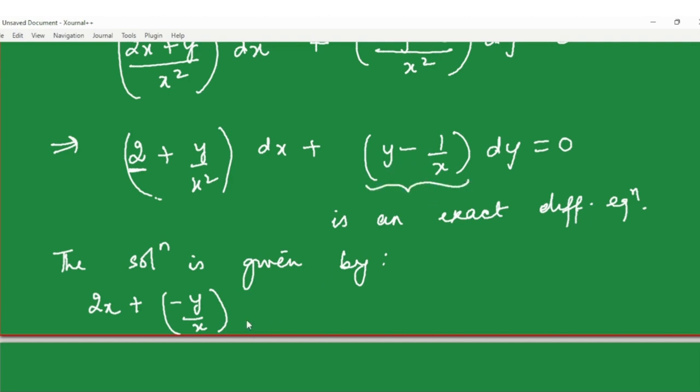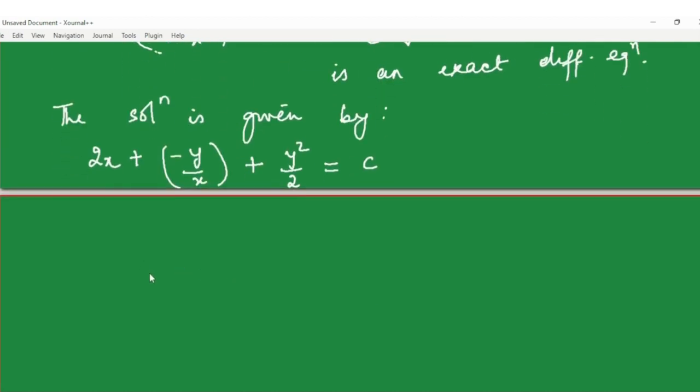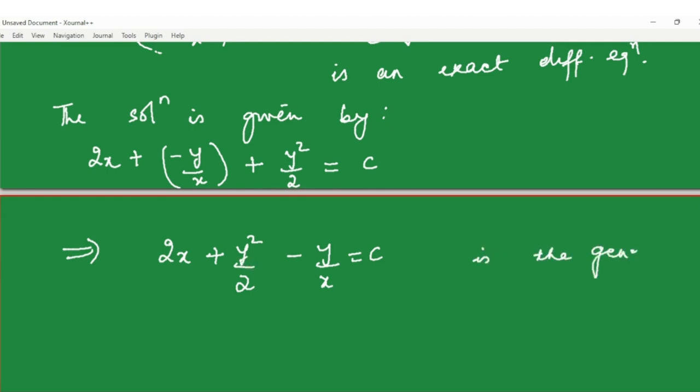So y is the only term of that type. So here you get y square by 2, and that's equal to c. That's the standard procedure for solving an exact differential equation. So effectively you can write your solution as 2x plus y square by 2 minus y by x equal to c, the general solution of the given differential equation.